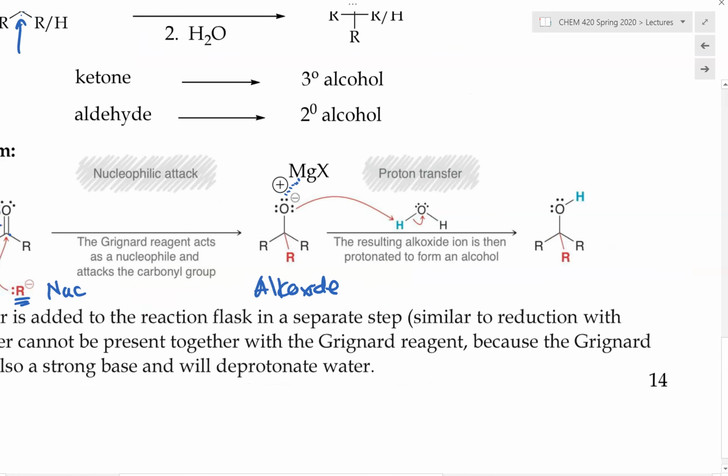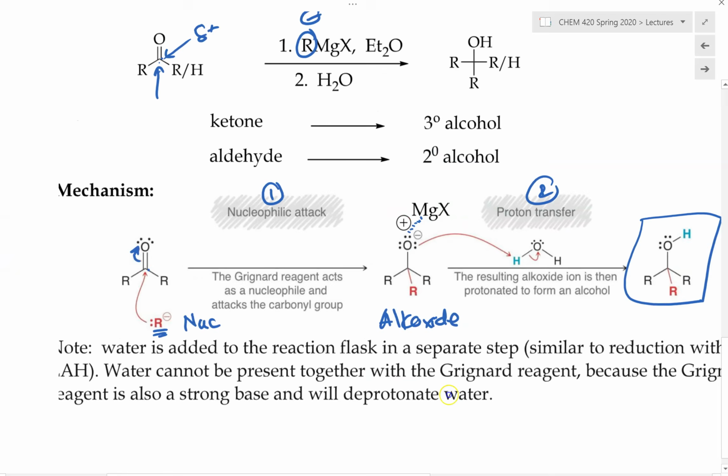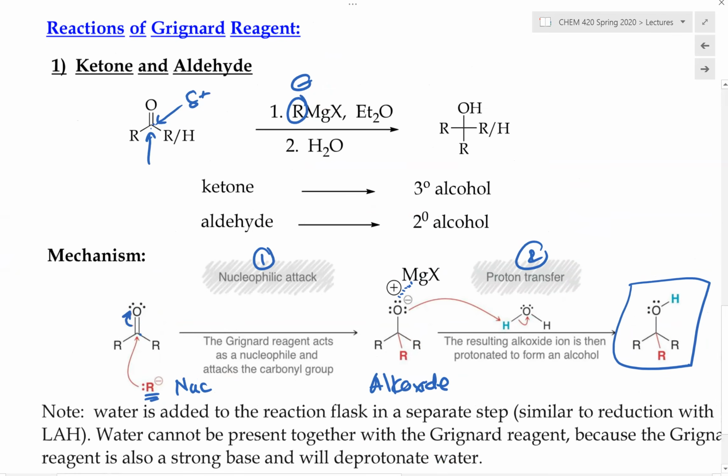And on the next step, when we add in water, this will be step number 2. So this is the first step, and this is the second step. When we add water or a polar protic solvent in, the alkoxide picks up the proton from water or another polar protic solvent and converts into the alcohol. If our carbonyl derivative is a ketone, we'll be able to produce the tertiary alcohol, because another alkyl group is added to this carbon as it converts into the alcohol, so it becomes a tertiary alcohol.